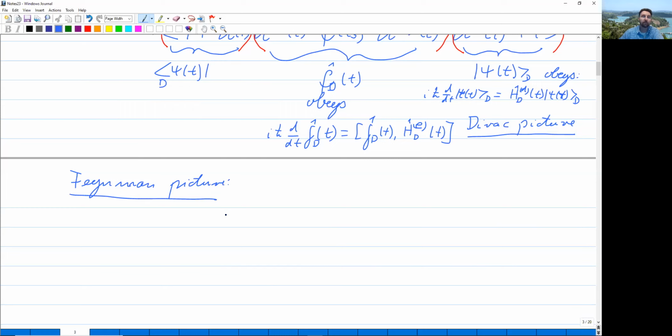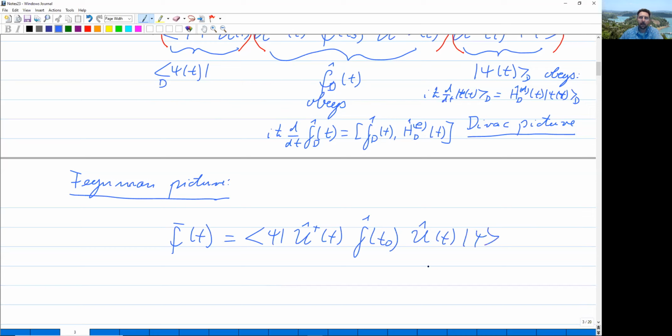The Feynman picture goes back to square one. There we say f bar of t is, after all, psi u hat dagger of t f hat of t naught u hat of t psi, and then Feynman says freeze this, and freeze this as well.